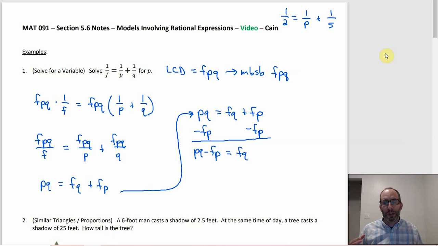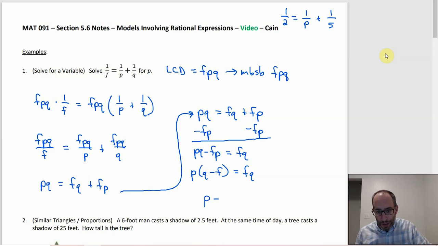And we want to eventually get the p by itself. Right now it's a common factor of the expression on the left, so I'm going to factor the p out. Then I'd be left with q in the first term and f in the second. So p times the quantity q minus f, and still an fq over there. And then if you divide both sides by q minus f, you'll get that p is equal to fq over q minus f.